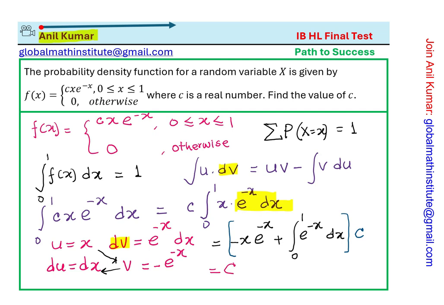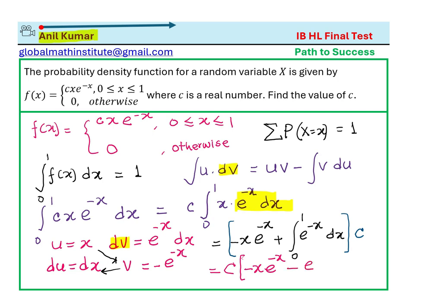And here we get minus x e to the power of minus x, and the integral of this part is minus e to the power of minus x. And this is from 0 to 1. Is that clear to you? And that should be equal to 1.